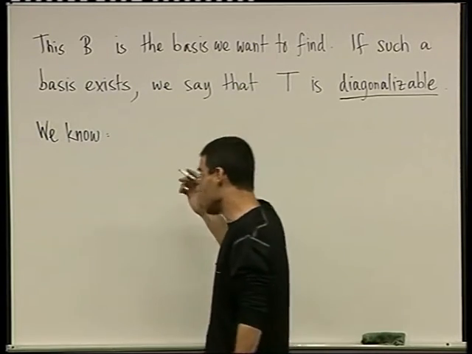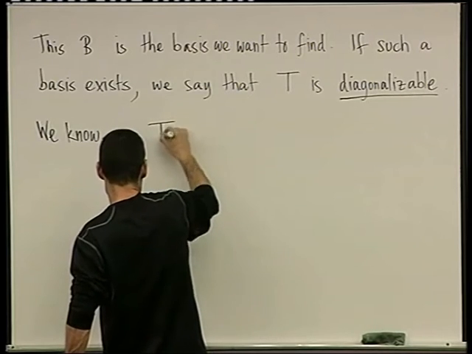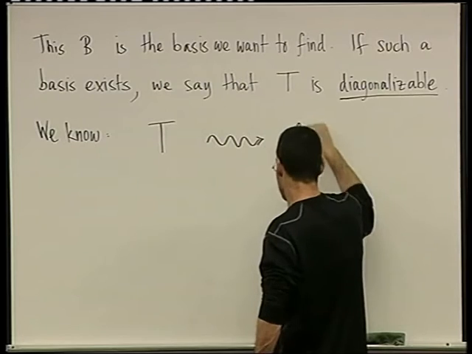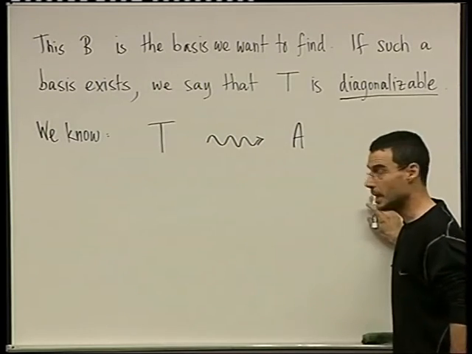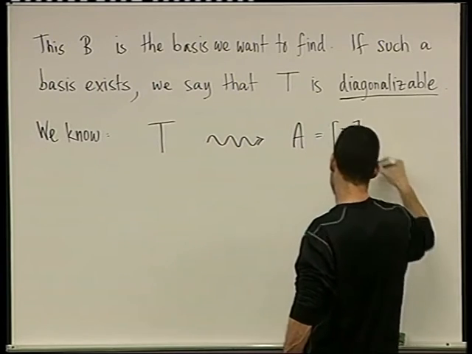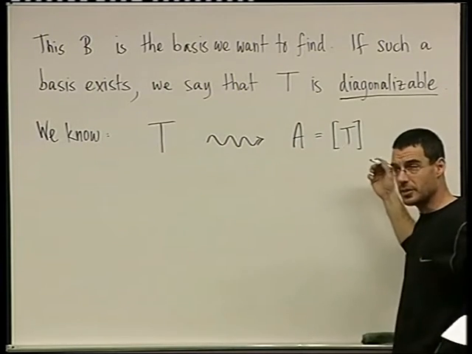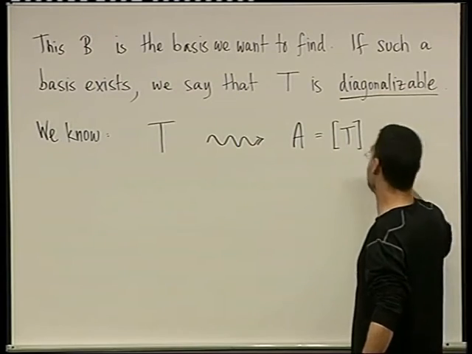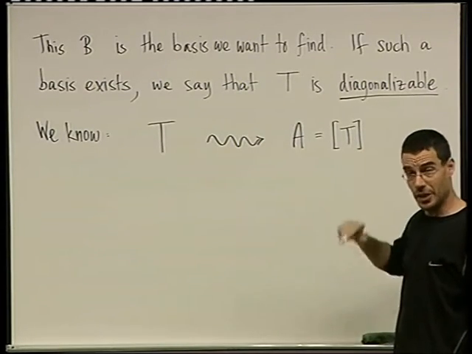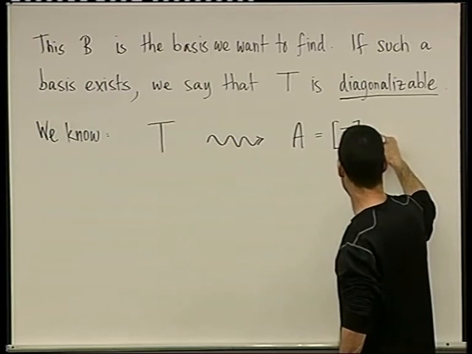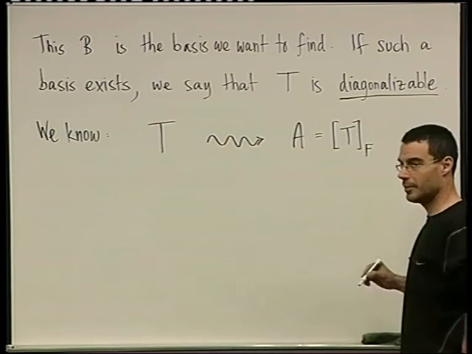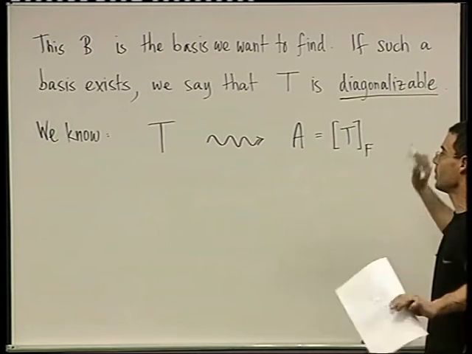But in simple words, given a T, we know how to construct a matrix, A. Okay? A is going to be the representing matrix of T with respect to some basis. Let's not call it B, because B is now our specific diagonalizing basis. So let's call it F, right? E is for the standard basis, so let's just call it F.